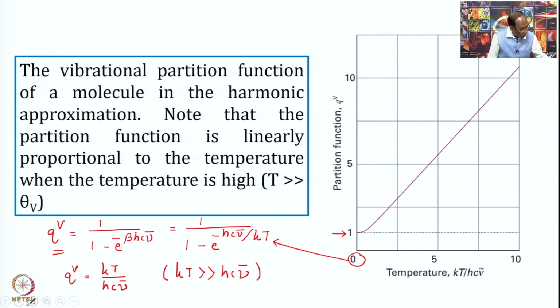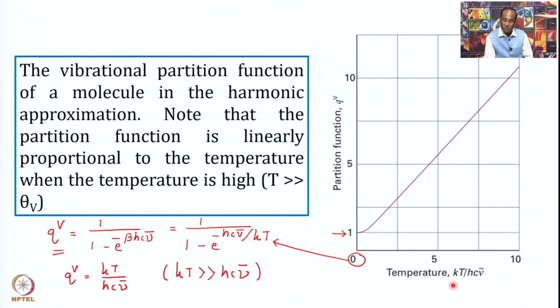So, look at the comment. The vibrational partition function of a molecule in the harmonic approximation. Note that the partition function is linearly proportional to temperature when the temperature is high. When temperature is high, you use this result, and basically Q_V is directly proportional to temperature; k is constant, h is constant, c is constant, nu bar is constant for a given mode, and then it is almost linearly dependent on temperature.